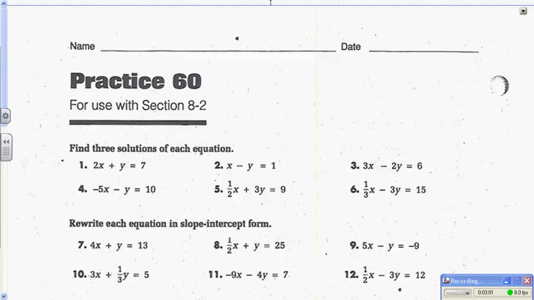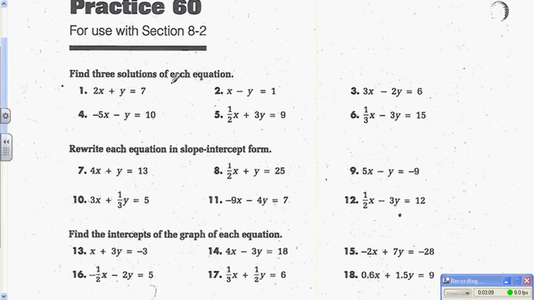I'm going through these quickly, but I want to cover the 3 lessons in a better way than I did today. Find 3 solutions of each equation. This is like some of your questions. Finding solutions is when you take an XY chart and plug in some numbers. So if we plug in -1, 0, and 1 into this equation, let's see what happens.